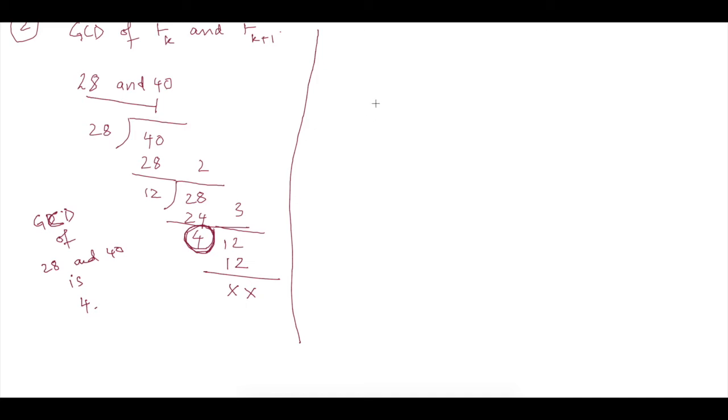Now we will use exactly the same approach to find the GCD of f of k plus 1 and f of k. So f of k is obviously the smaller one. How many times does f of k go into f of k plus 1? It goes 1 time, and I write f of k. If I subtract these two, what will I get? I'll get f of k minus 1.